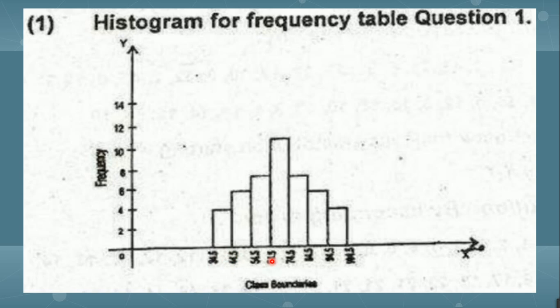You will write all class boundaries on the x-axis with equal distance. You can see the distance between the numbers is the same, and you will take the frequency values along the y-axis and make sure that their distance must be the same.